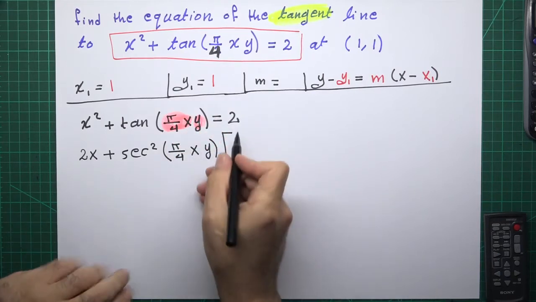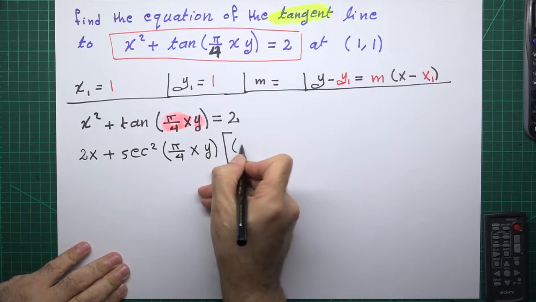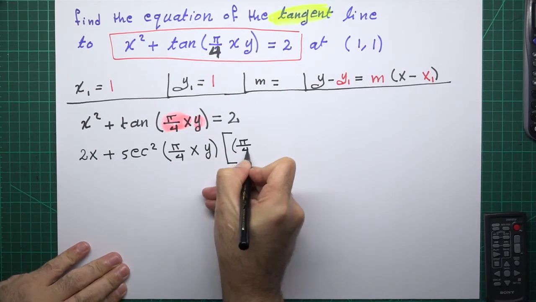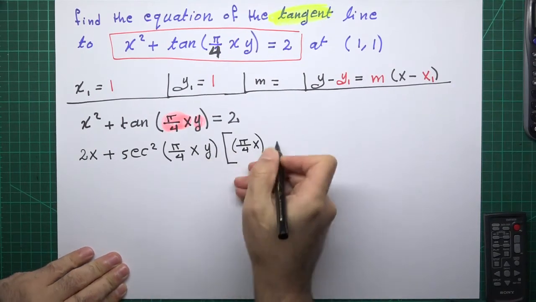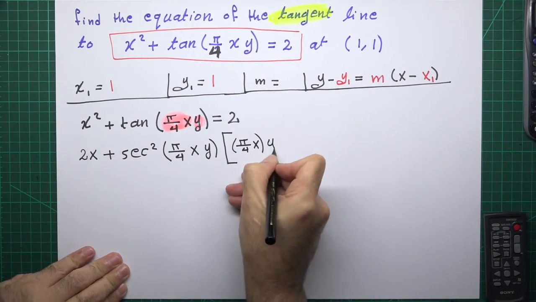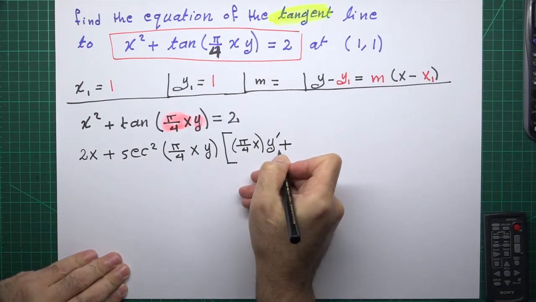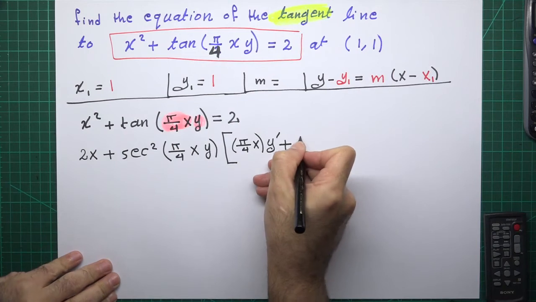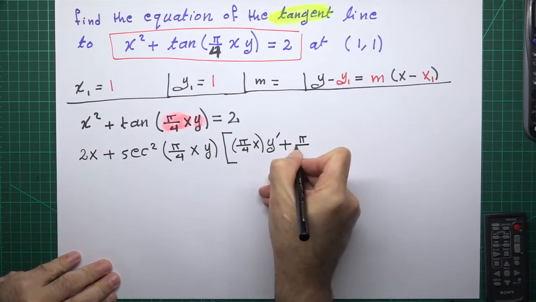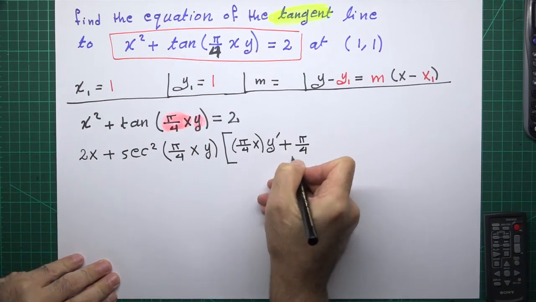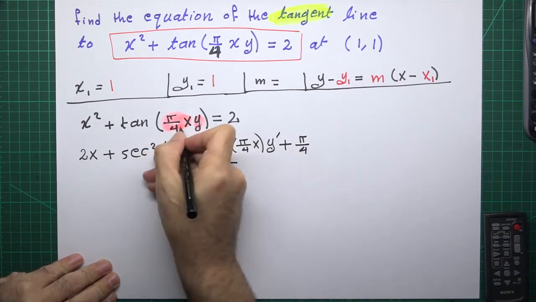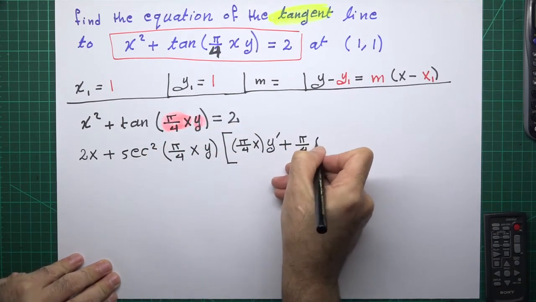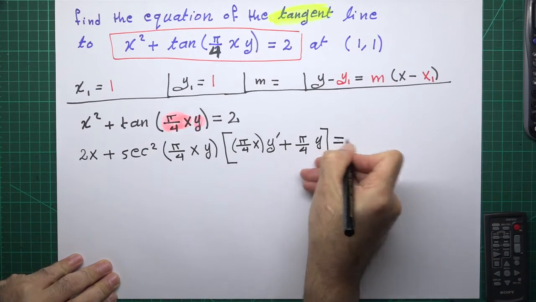So I will keep the first function as it is, pi over 4 x, and find the derivative of y, which is y prime, plus derivative of the first term, pi over 4. طبعا pi over 4 x it will be pi over 4 times y equals 0.